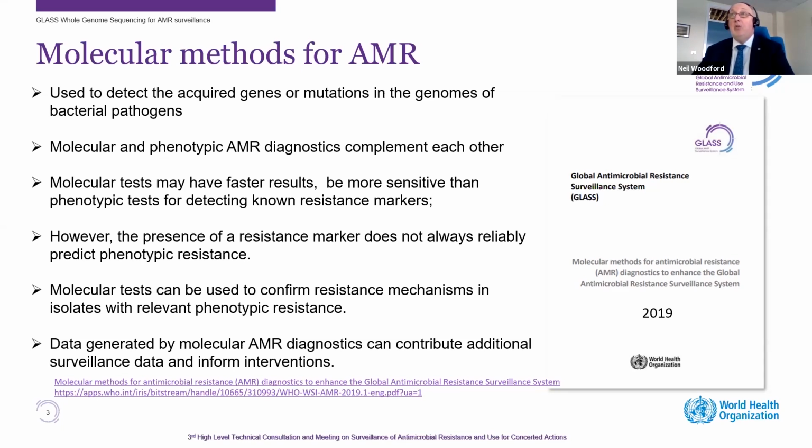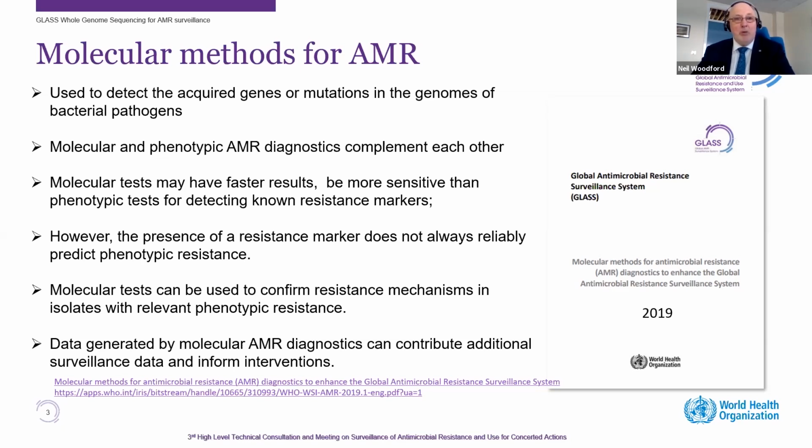It emphasizes that we can detect acquired resistance genes or mutations in the genomes of bacterial pathogens by a variety of molecular methods. These molecular tests, if they're PCR, can be far faster than susceptibility testing, and they can be more sensitive in picking up markers where some isolates may not express resistance at high level.